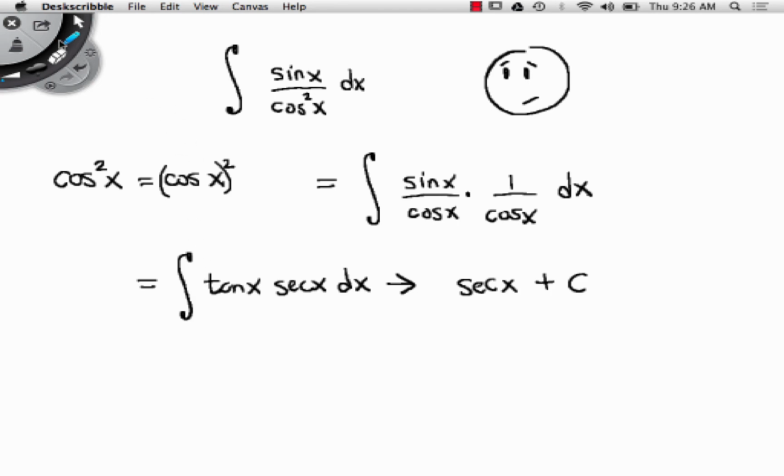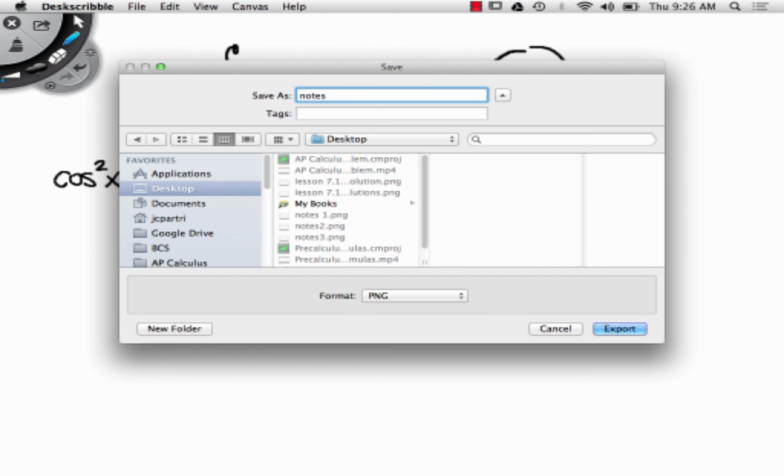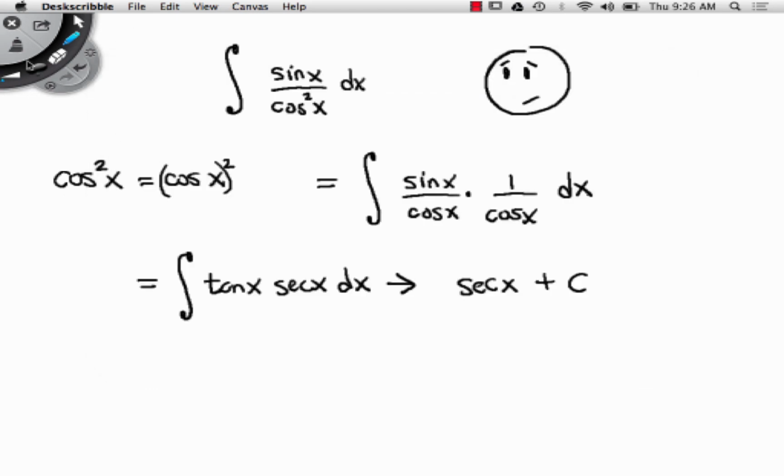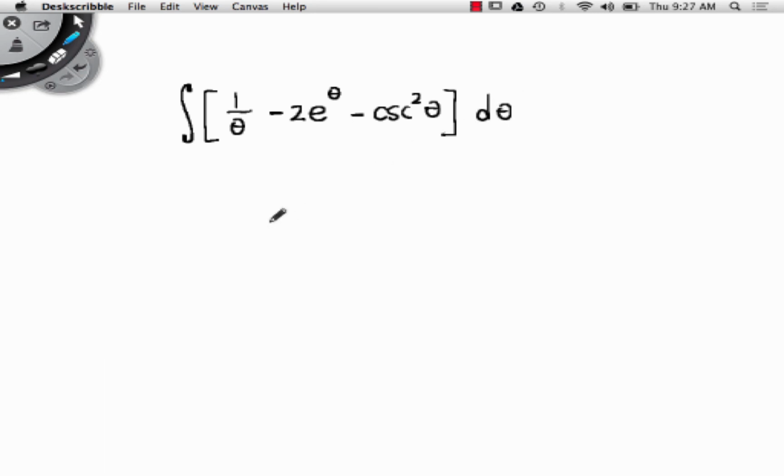Okay, what if we have the integral of 1 over theta minus 2e to the theta minus cosecant squared theta d theta.